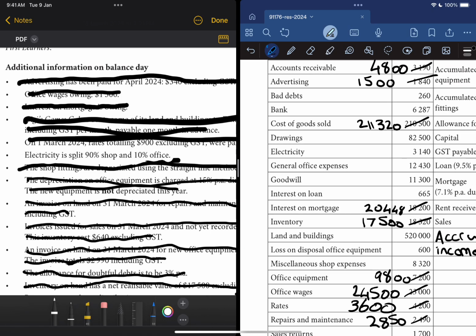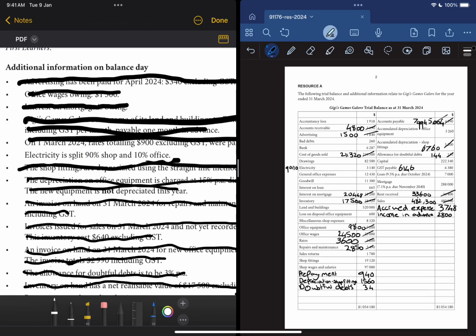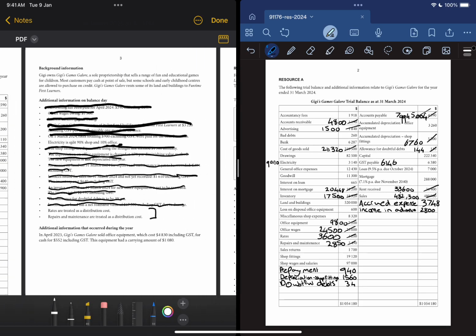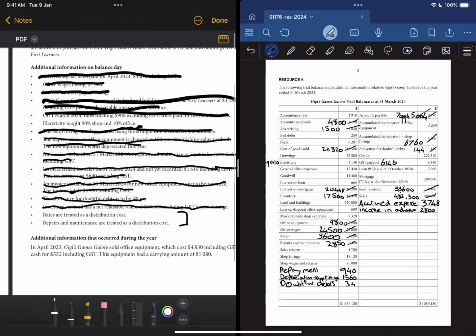So what I thought we'd just do is go next to electricity and write 90/10, just so we remember when we're going through our income statement, okay? So that really means we only have one left, which has been accidentally crossed out, which is for depreciation on office equipment. So my apologies there.